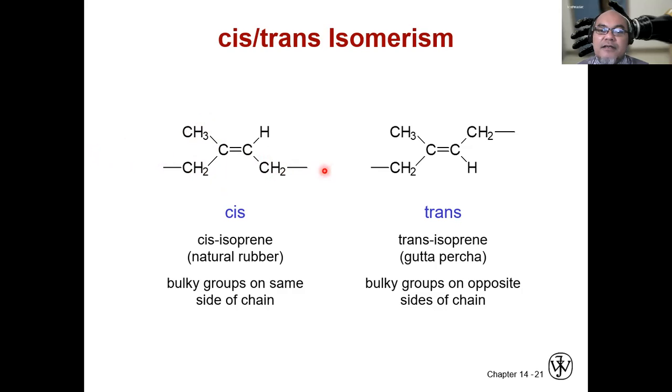This is another one binding, but here this is located in the upper part. So the bulky groups, which bind to the other monomer, are located on the same side of the chain, here on the lower part. In the trans configuration, like in trans-isoprene, the bulky groups are located on opposite sides of the chain.